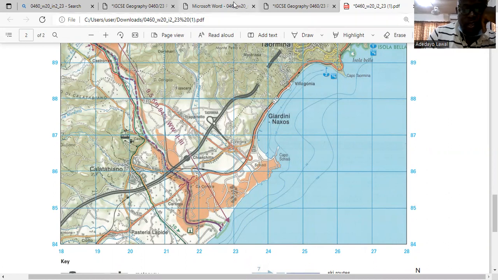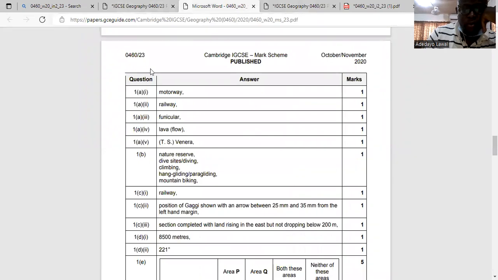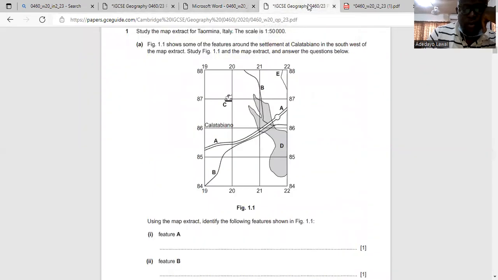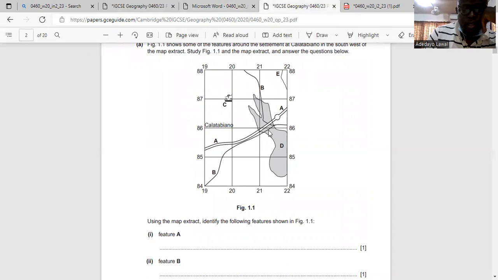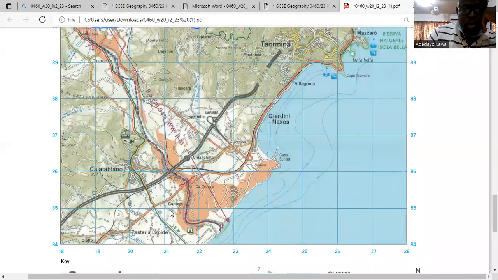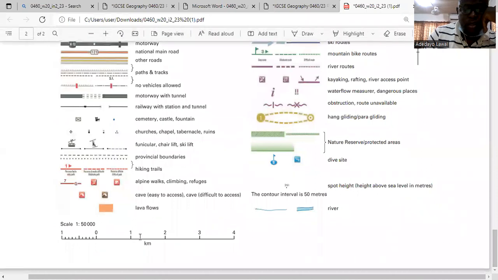What is that? Let me check. Lava flow, according to them. I think it's this particular area, this brown color. Look at it here, this lava flow.